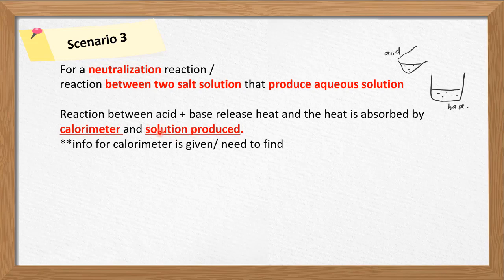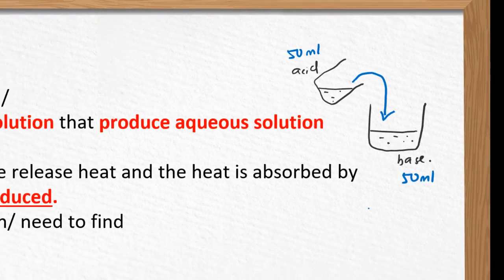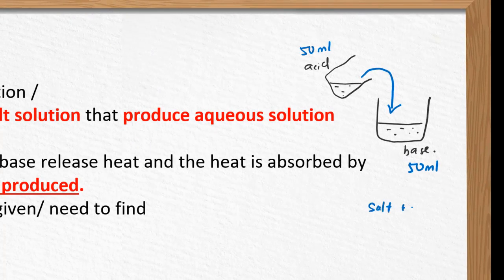Okay, why does it say so? If you refer to this diagram over here, let's say we take an acid and base neutralization reaction, say we have 50 milliliter of the base and we have 50 milliliter of the acid solution. When this acid reacts with the base, you are creating your salt together with water. So this one makes your salt solution.